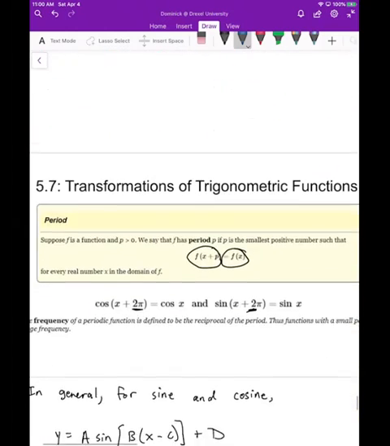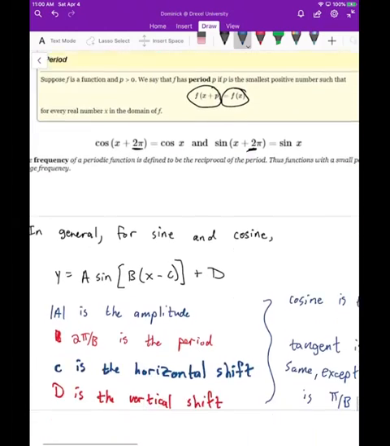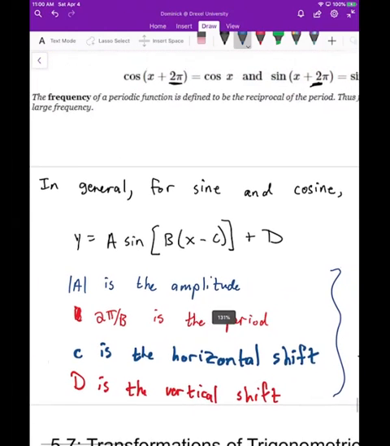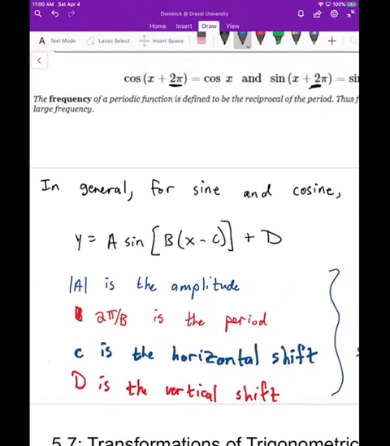Okay, so we can sort of summarize everything in the following way. All right, so in general, you can write the sine and cosine in sort of this way, right? So you have the number out front, which is a, and if you take its absolute value, like we said before, that would give you the amplitude of your function.